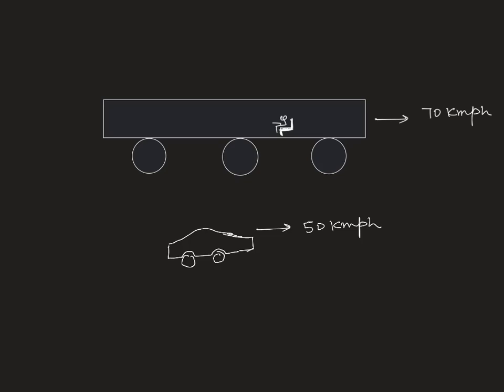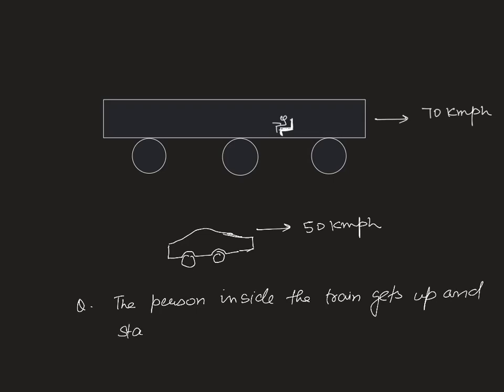So the question simply states that the person inside the train gets up and starts walking at 5 kmph backwards relative to the train.